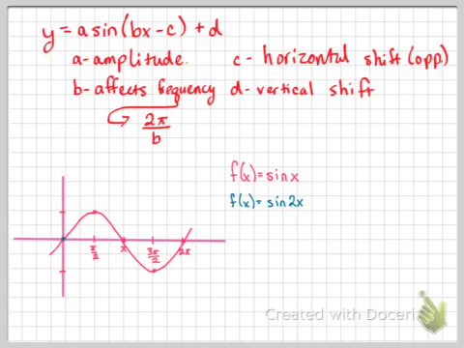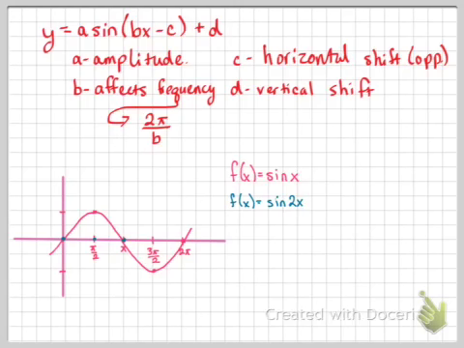If I put pi halves in for x, I'm going to have 2 times pi halves, which is pi, and the sine of pi is 0 again. Now if I put pi in, 2 times pi is 2 pi, and the sine of 2 pi is 0 again.